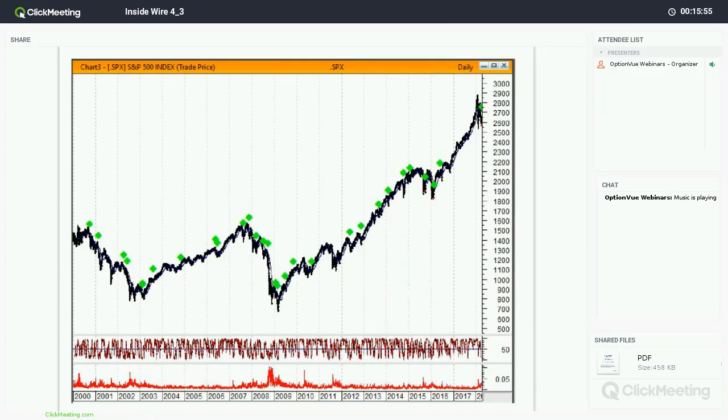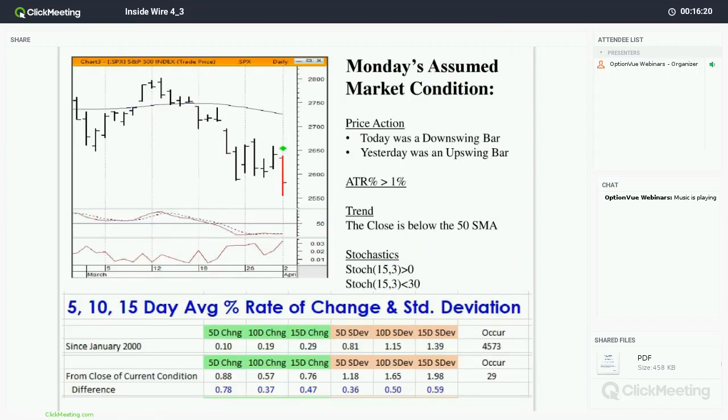And I'm going to look at each one of those in terms of how much the market moved over the subsequent 5, 10, and 15 days. I'm going to get the average level of change over the subsequent 5, 10, and 15 days, and then determine the standard deviation for the following 5, 10, and 15 days on average for all 29 of these similar occurrences.